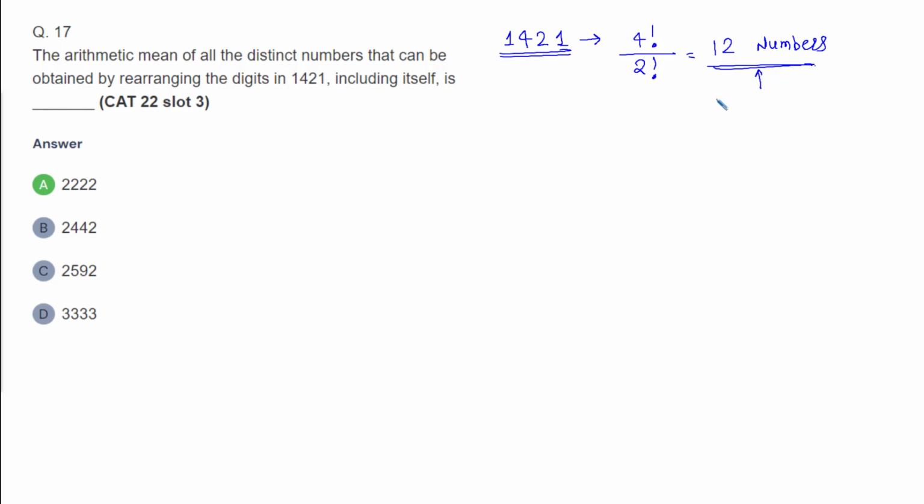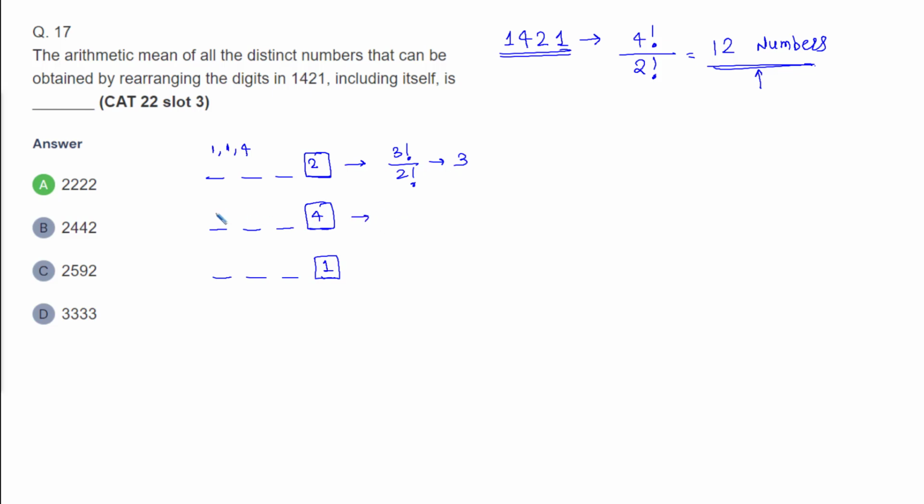Out of these 12 numbers, how many numbers are there where 2 will come at unit place? How many numbers are there where 4 will come at unit place? And how many numbers where 1 will come at unit place? So 2 at unit place: the remaining 1, 1, 4 will get arranged in how many ways? 3 factorial divided by 2 factorial, that is 3.